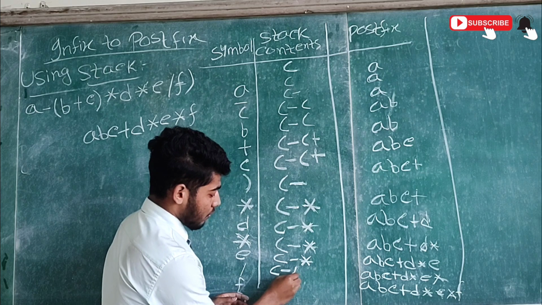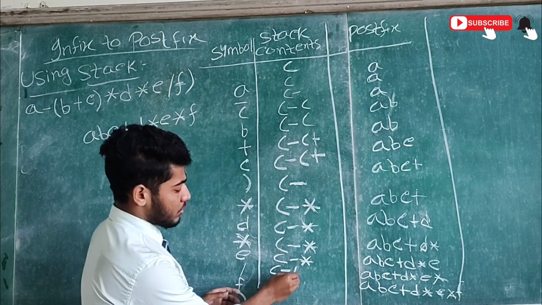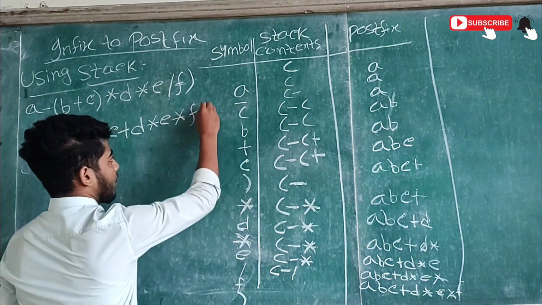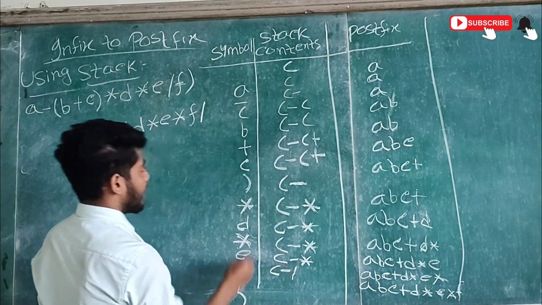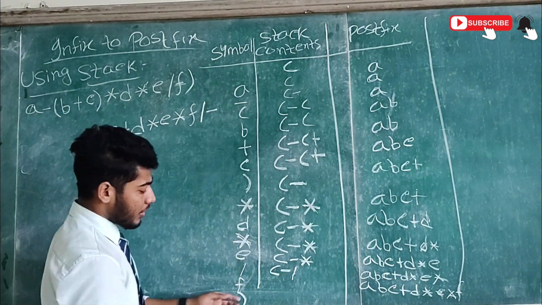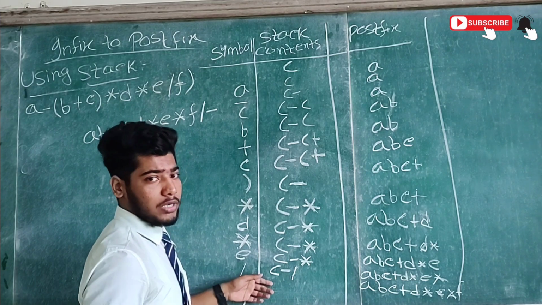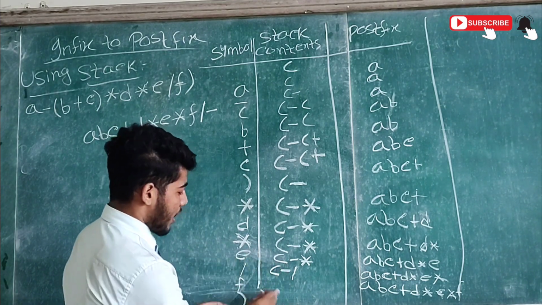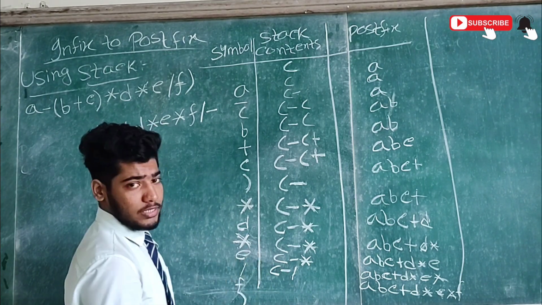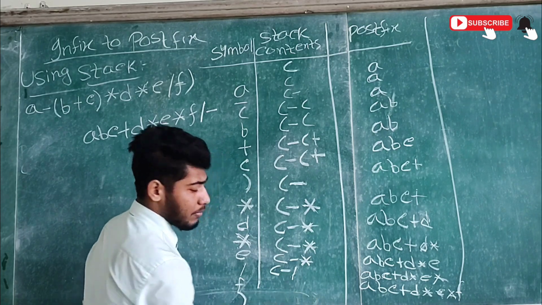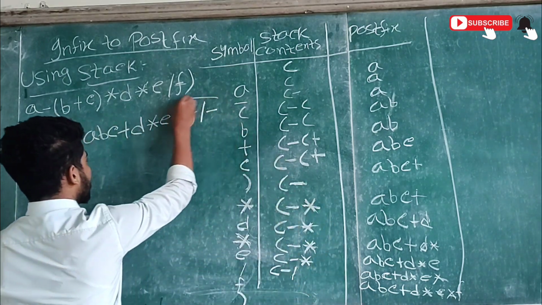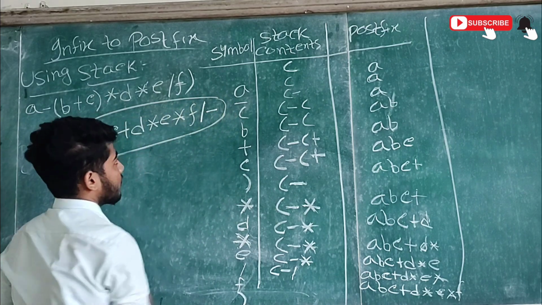So first remove divide, it will come here. Next minus will come here, and then the left parenthesis is encountered, so it will stop here, and lastly remove the left parenthesis. So the stack is empty. This is the answer.